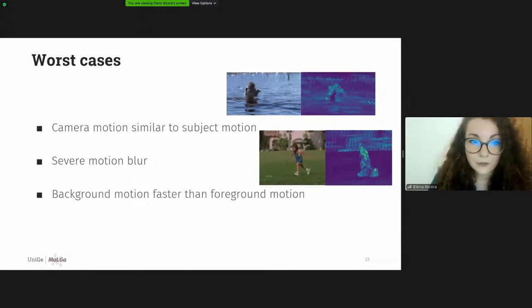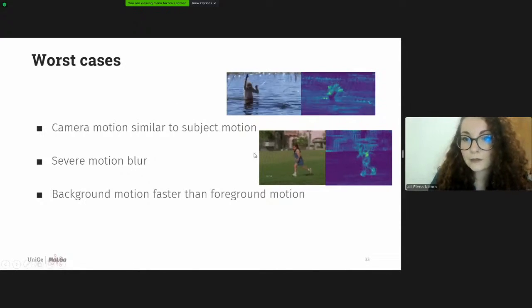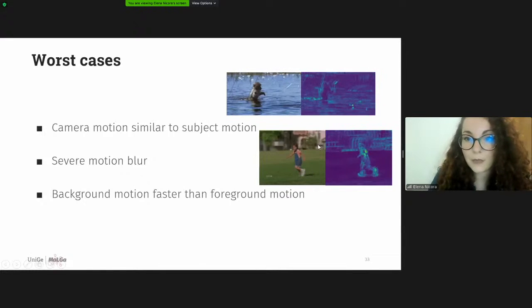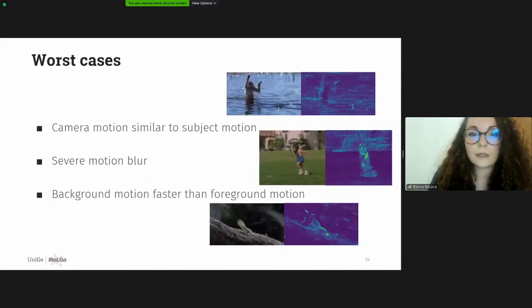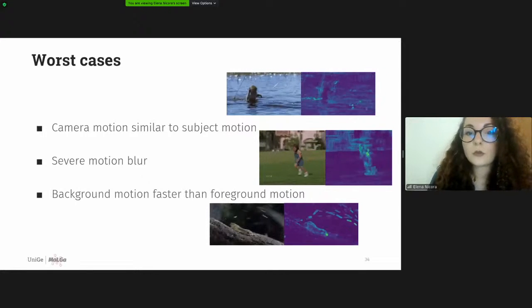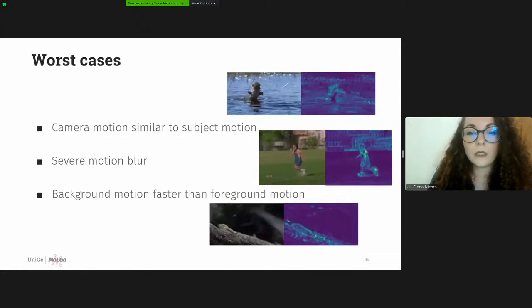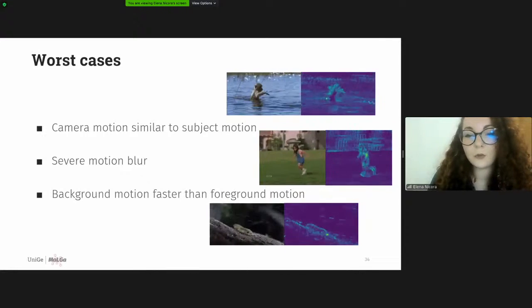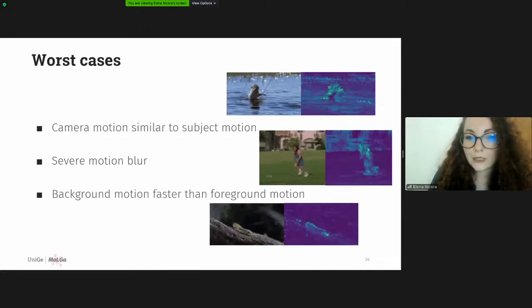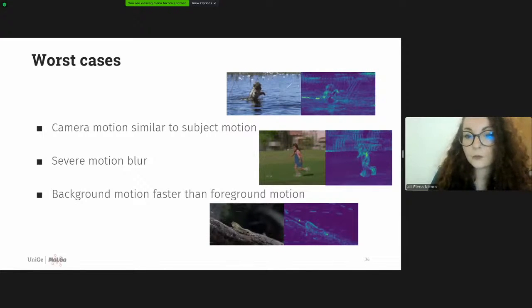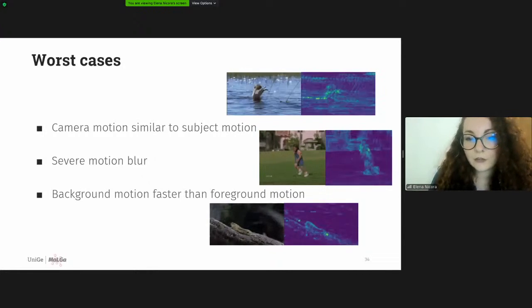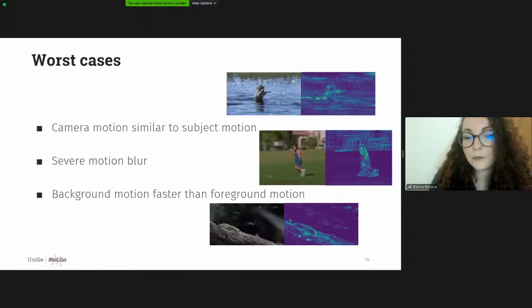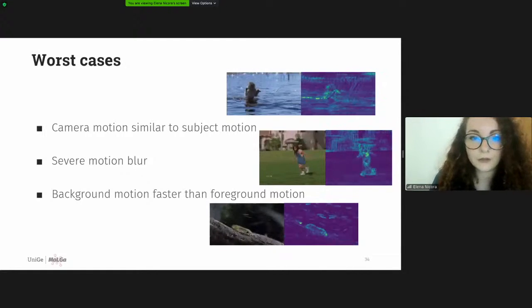Another example could be severe motion blur, and here we can see motion blur both in the background and in the legs of the girl, and also when there is background motion faster than foreground motion. So this general analysis is able to highlight motion in general. We can see in this last example that the information about the subject in which we are interested is there, but is immersed in a lot of, let's say, noise.